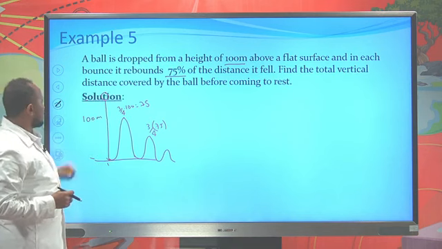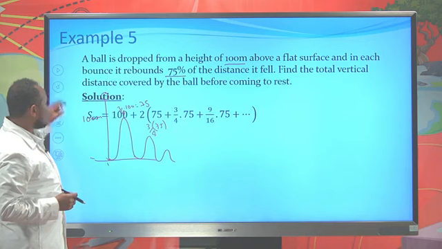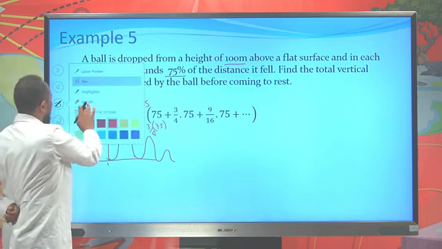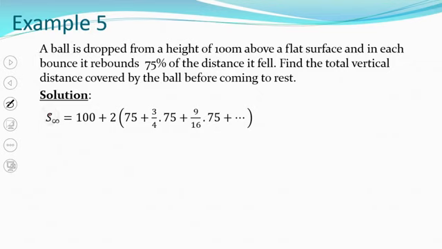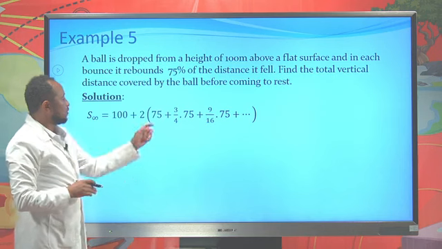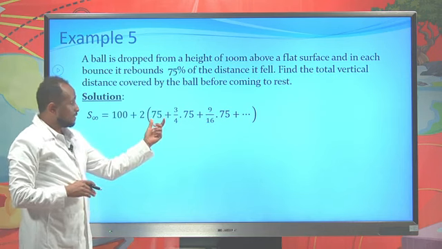So writing this in summation form, you will have this one. In the first fall, it is 100 meters, plus on the next fall, the rebound is 75 meters, so we have 75 twice.